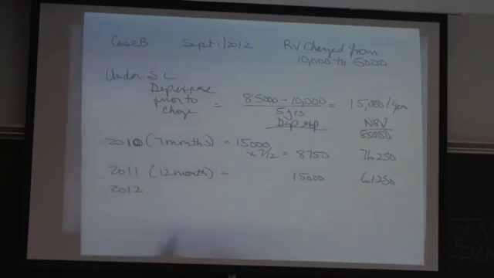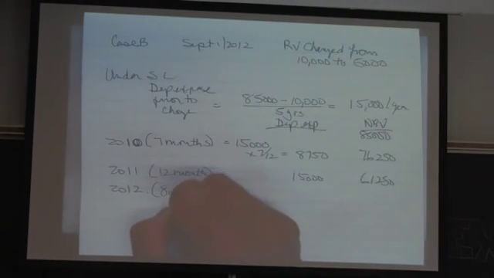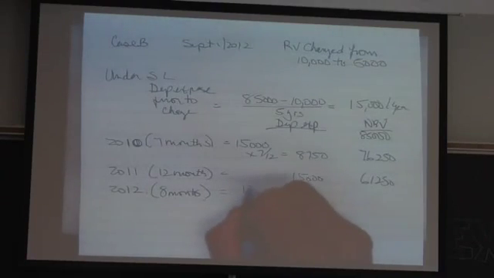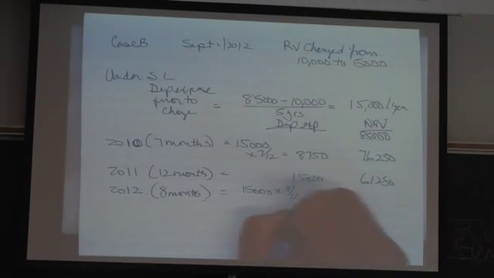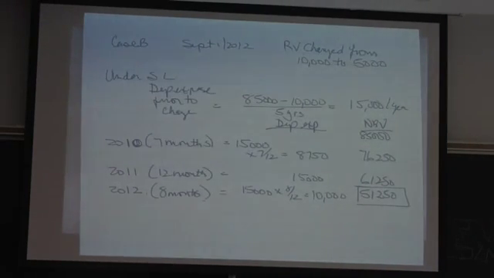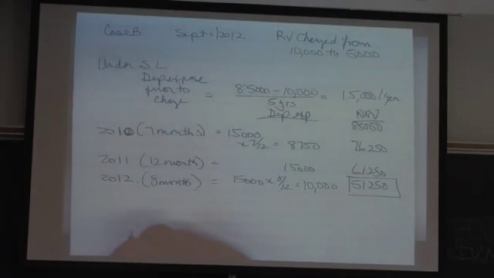For 2012, we've got to actually determine the depreciation expense prior to the change, and that would have been 8 months, because remember, September 1st is really August 31st, which is 8 months. So we're going to take 15,000 times 8 over 12 to give us 10,000. So net book value prior to the change is 51,250. Now, the change means that we have to recalculate the residual value.